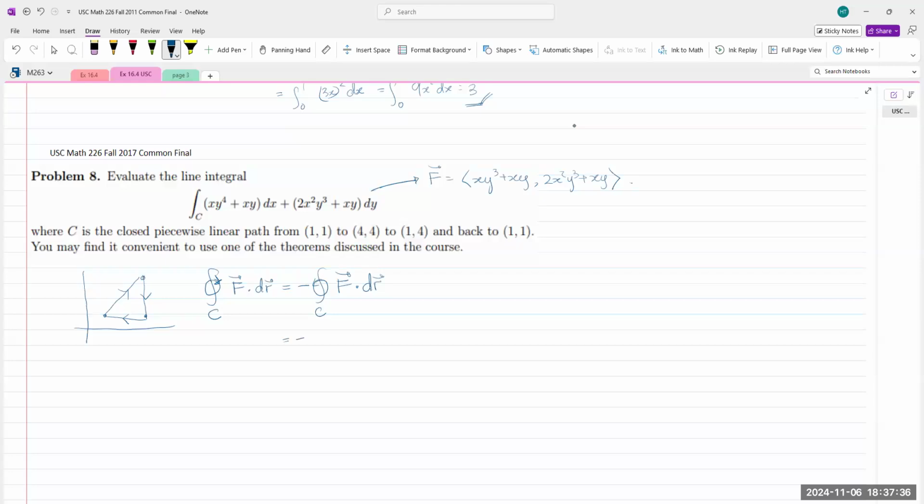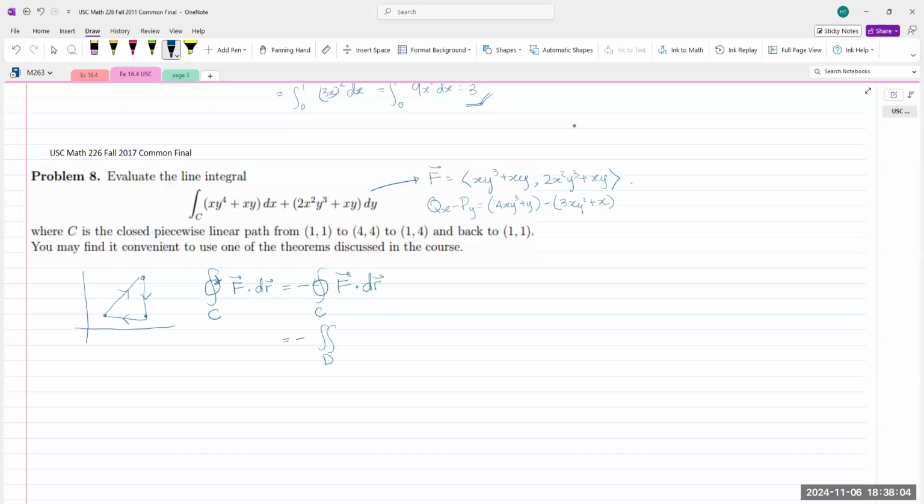which is the opposite of the double integral over region D, enclosed by that, of Q sub x minus P sub y. Let's see, what is Q sub x minus P sub y? Q sub x will be 4xy cubed plus y minus P sub y, that's 3xy squared plus x. That's a bit ugly, huh?